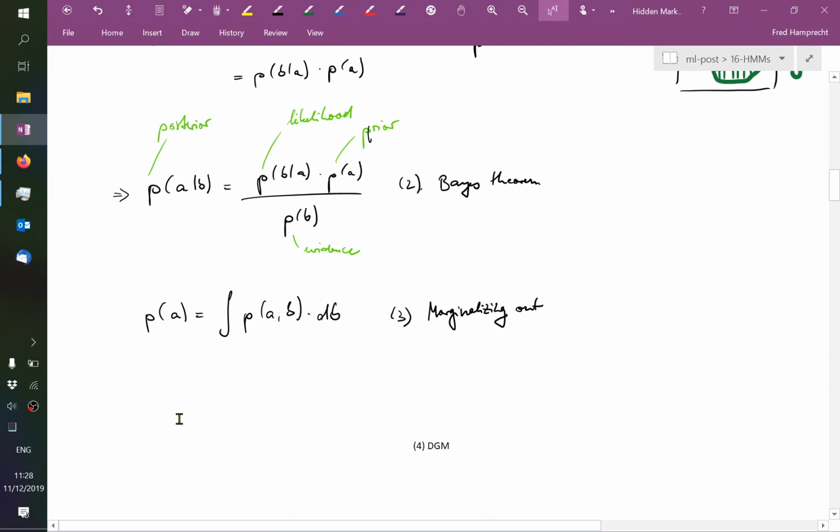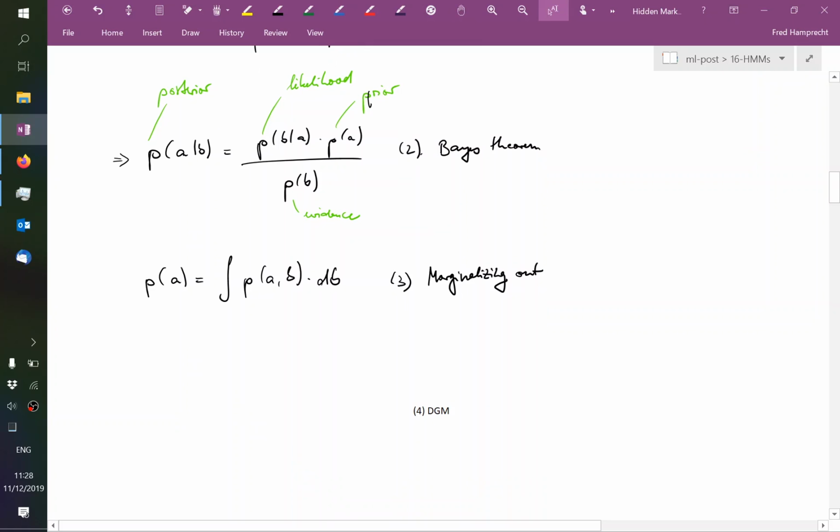And we spent half of Monday this week to talk about this following important equation. So in a directed probabilistic graphical model, we have that the joint probability of n random variables is given by a product of the probability of each random variable given its parents.